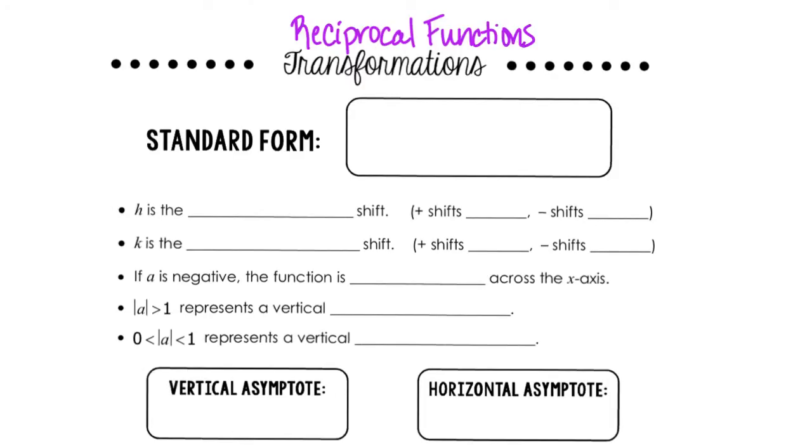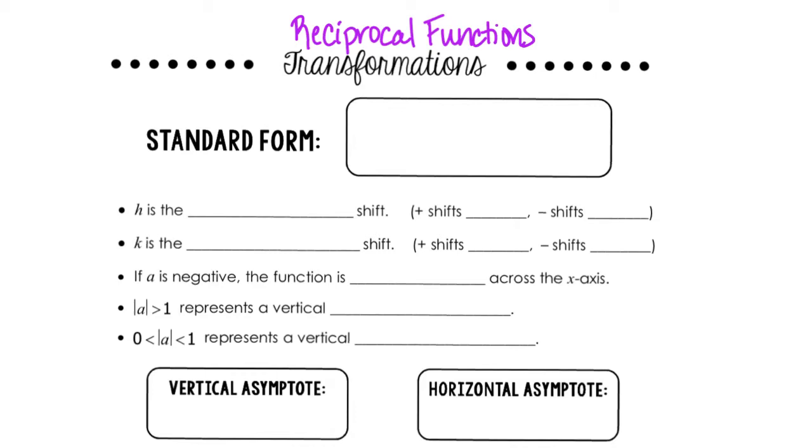Anytime we talk about parent functions, we inevitably talk about transformations of those parent functions. So when we're talking about this reciprocal function, we're going to talk about horizontal and vertical shifts, reflections, stretches, and compressions.